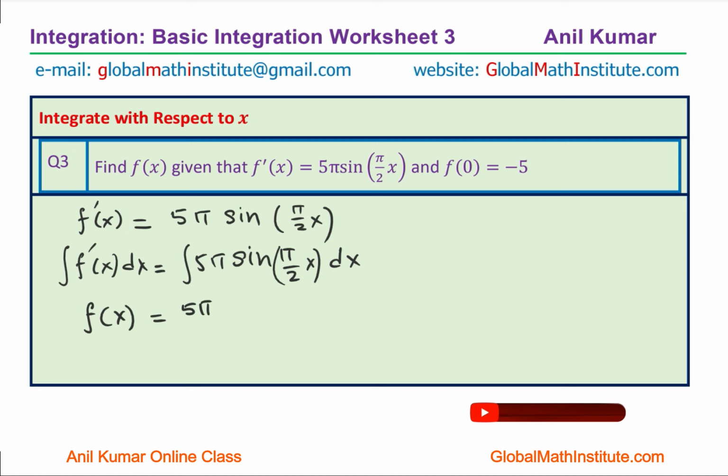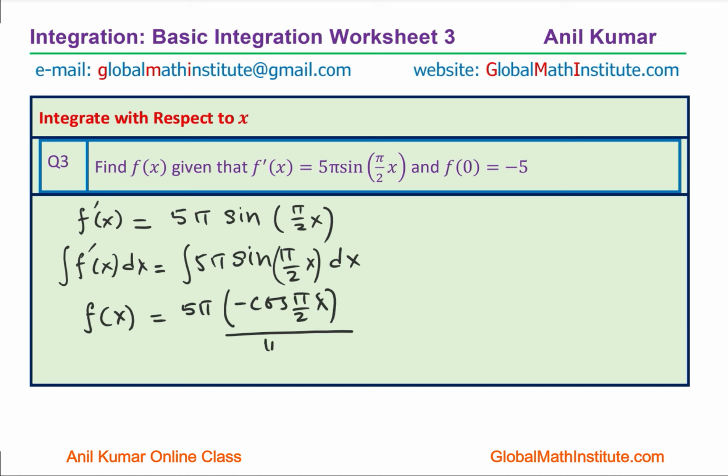Sine pi by 2x will be minus cos pi by 2x, divided by pi by 2, plus c.